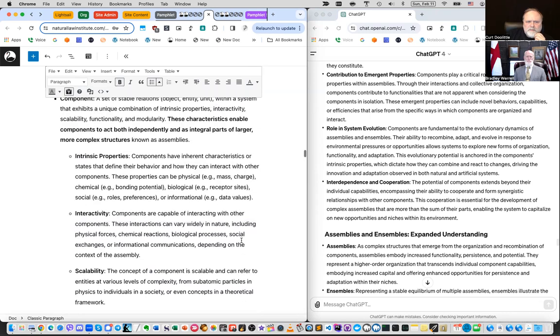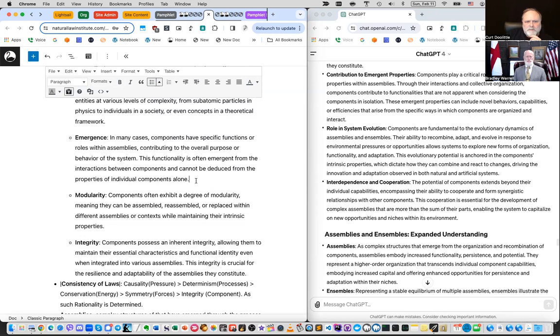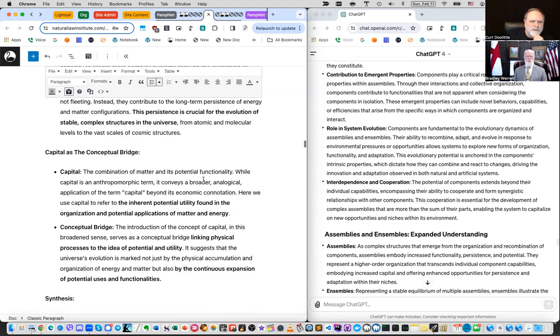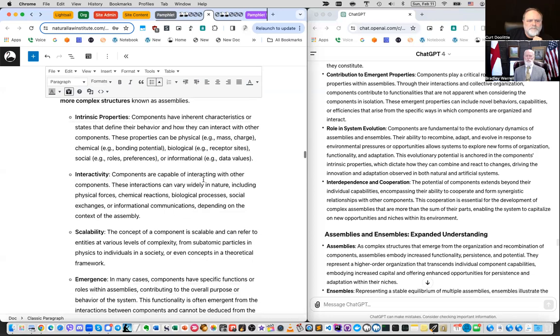Potential. Potential. I don't know. Have we got adaptation somewhere already? We got adaptation here already, right? So I can do adaptation. Okay.